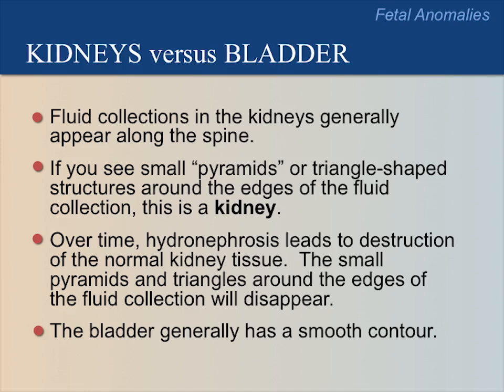If you see small pyramids or triangle-shaped structures around the edges of the fluid collection, this is a kidney. Over time, hydronephrosis leads to destruction of the normal kidney tissue. The small pyramids and triangles will disappear. Finally, the bladder generally has a smooth contour.